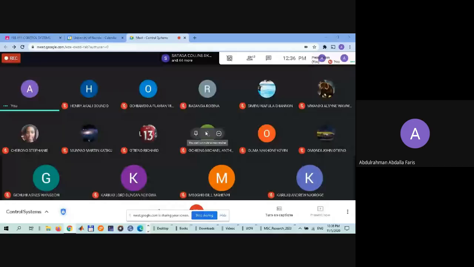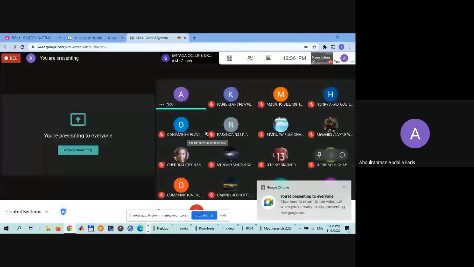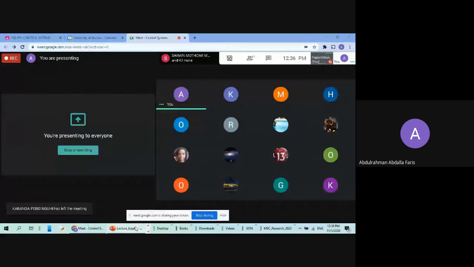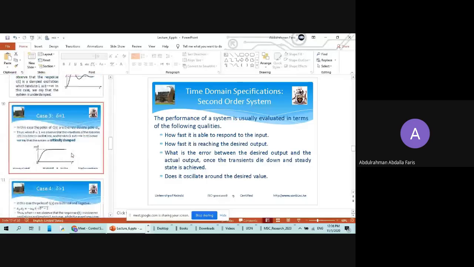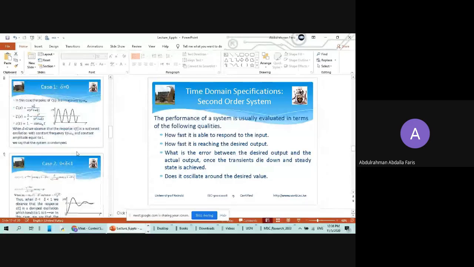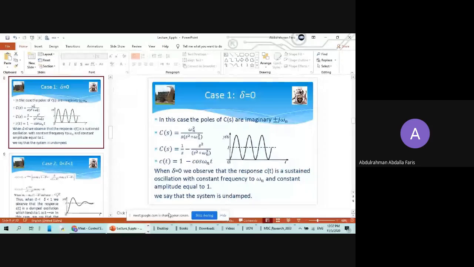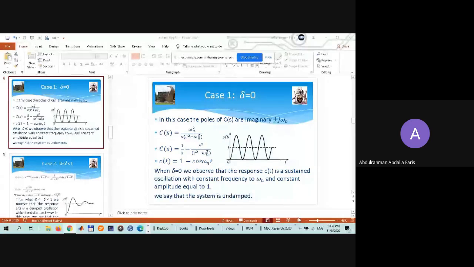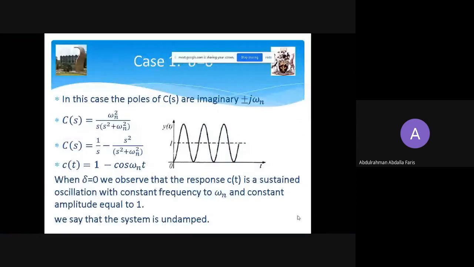He's asking what is the steady state error for the undamped system?